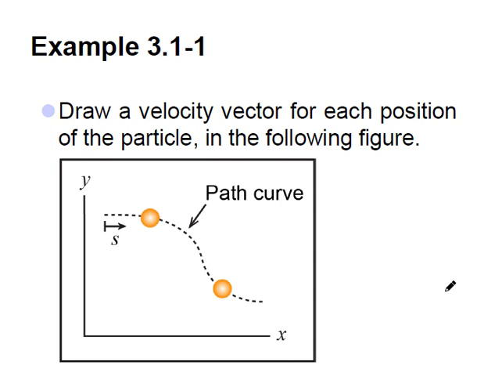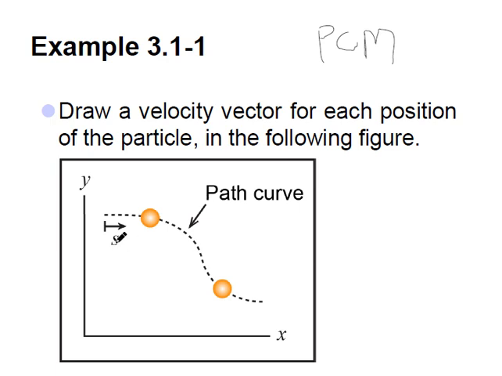It's asking you to draw a velocity vector for each position of the particle in the following figure. Now look at this, it's a curved line, and you also have a y-axis and x-axis, so you can identify you're dealing with a plane curvilinear motion. That's the first thing, the type of motion you will identify right away, so you will come up with the right equation to solve the problem.